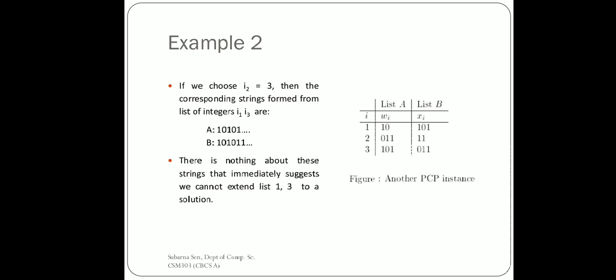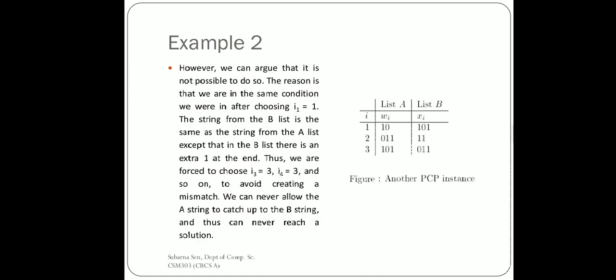We have done up to I2, but you cannot come up with a conclusion by trying any values for I3. You can see that one extra 1 is there for list B.